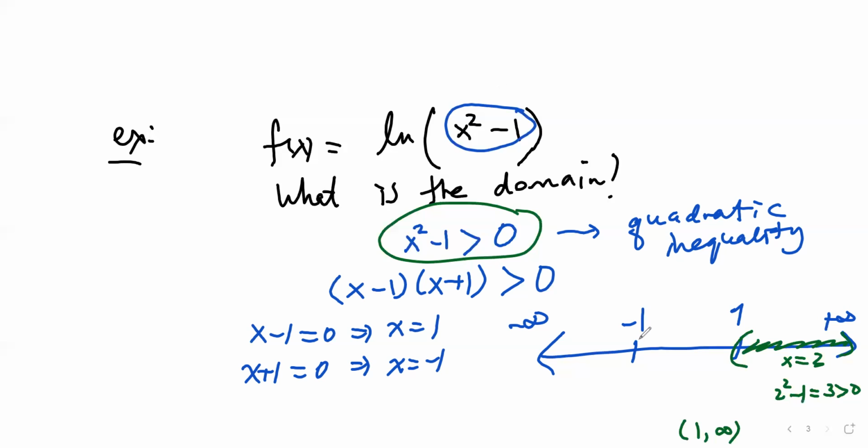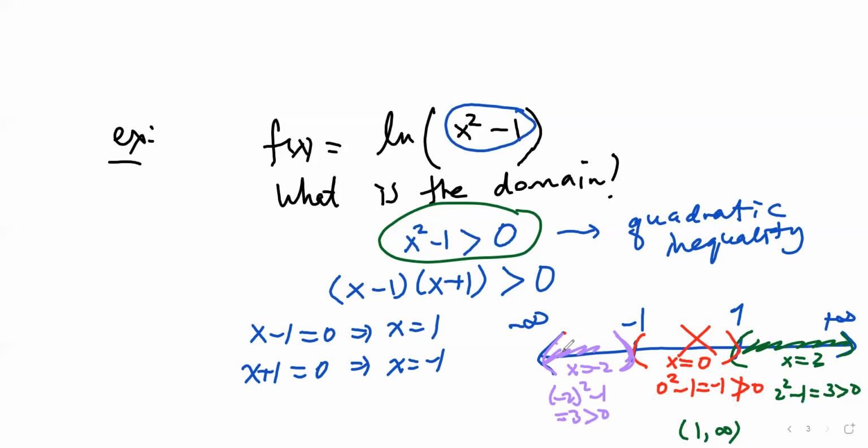Between negative 1 and 1, I can test 0. I plug it in: 0 squared minus 1 is negative 1, and that's not bigger than 0. So this is not going to work. Then I will also test right here. I can pick x equal negative 2 and plug it in. Negative 2 squared minus 1 is also 3, and 3 is bigger than 0.